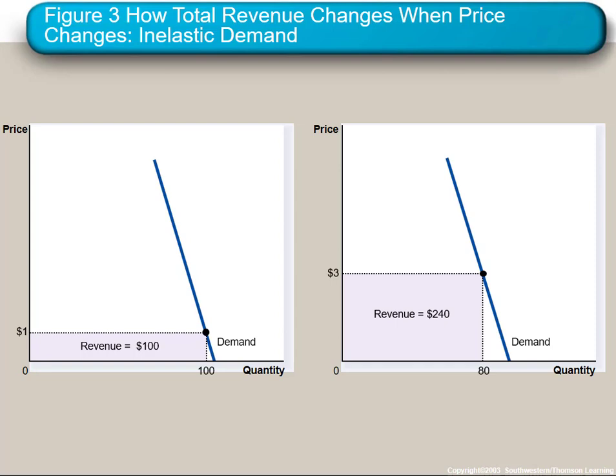And the idea here is that when demand is inelastic, the number of customers that you lose is relatively small compared to the increase in price. So on the customers that remain, you bring in so much more revenue that it more than compensates for the number of customers that decide not to purchase your good. So here you can see clearly moving from $100 in revenue to $240 in revenue is a good thing for the company.